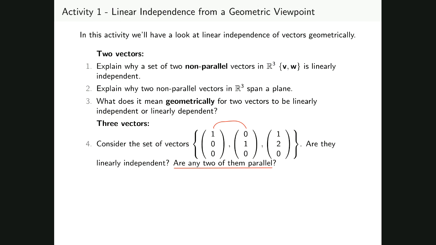Same thing with the second and third vector. No amount of stretching this 0 will turn it into this 1. There's no way that I can stretch this guy to obtain this guy. Similar arguments tell me that these guys are also non-parallel.